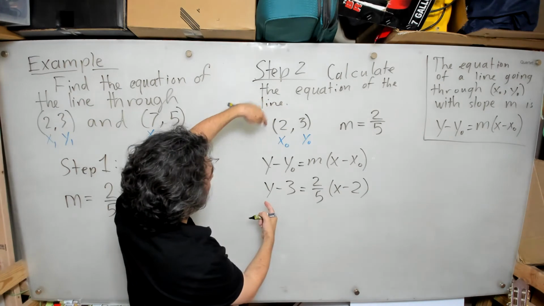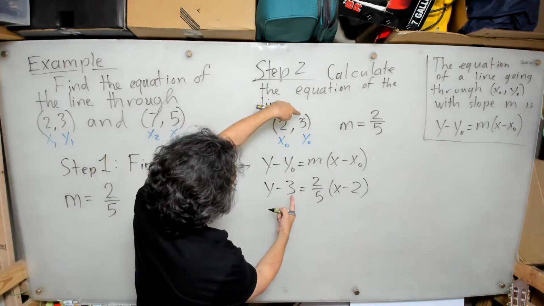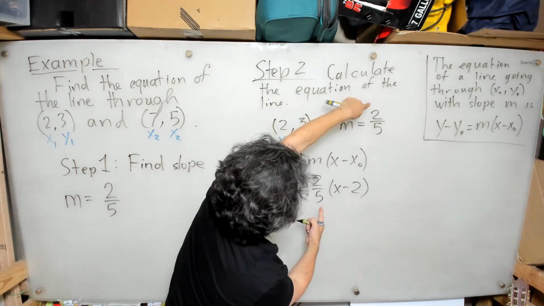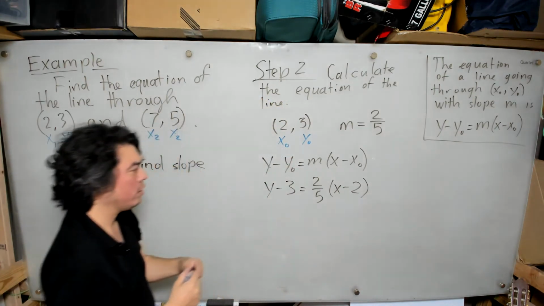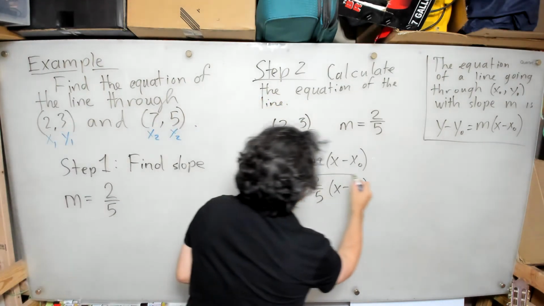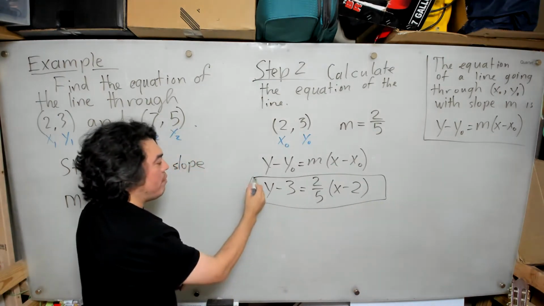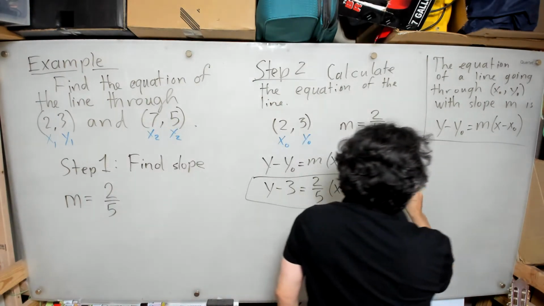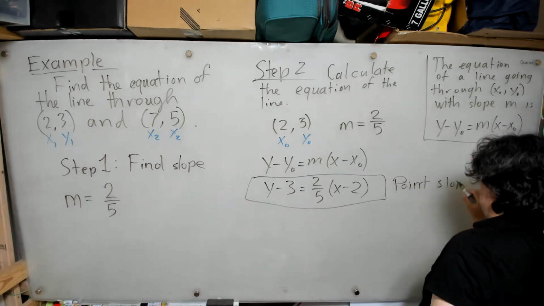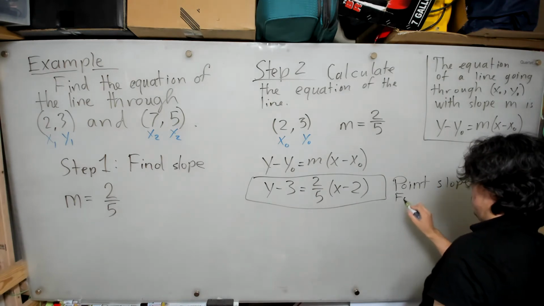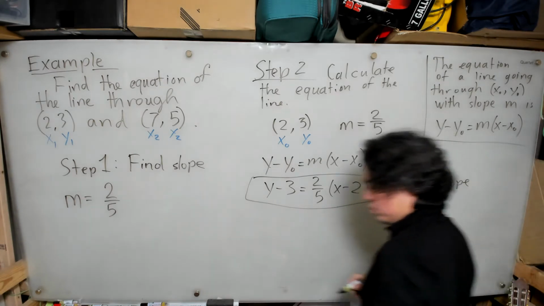See? y minus y naught equals m times (x minus x naught). Okay? So if I were to stop here, this would be my point-slope form.